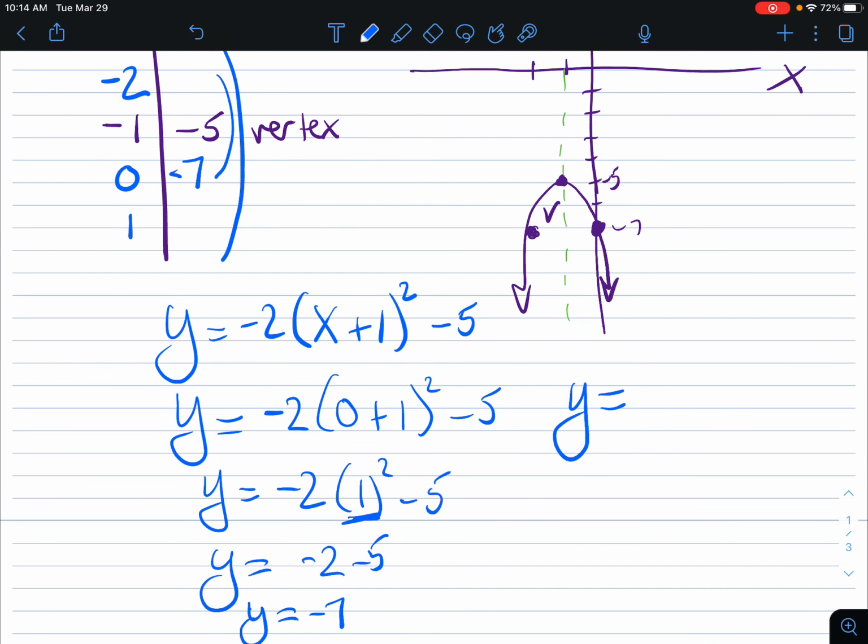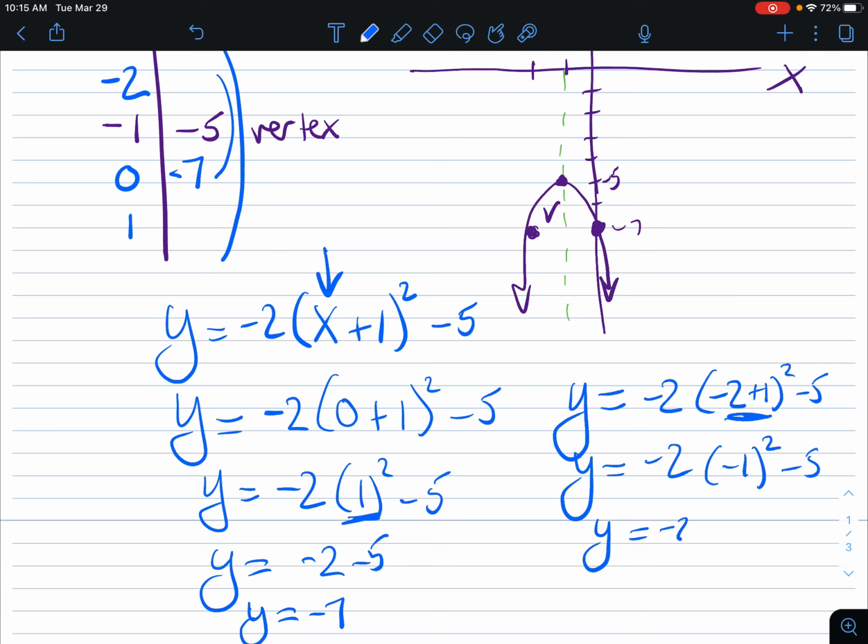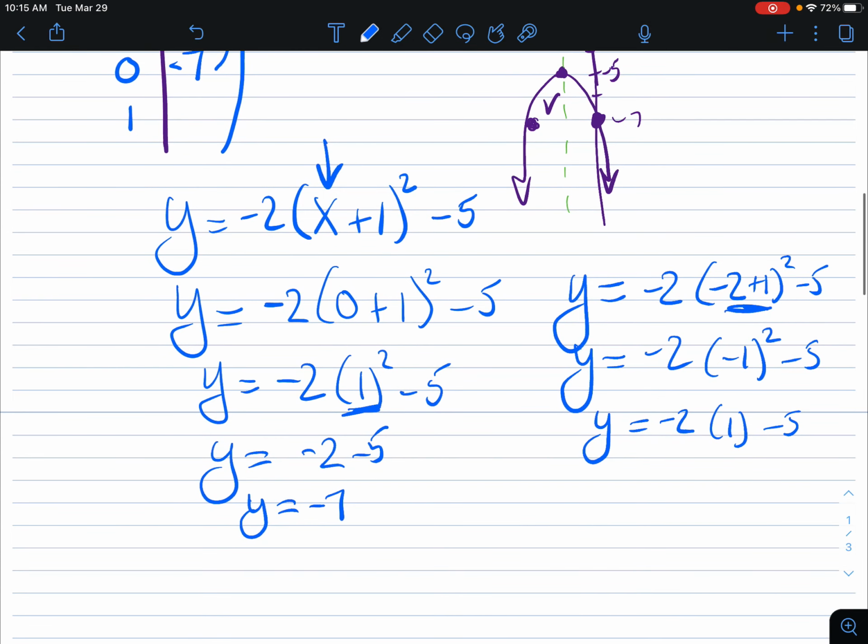So I am going to plug in the -2 just to be sure. So again, we're just putting in for x. So this happens to both have a -2, but that's a coincidence. Okay. So -2 plus 1 is -1 squared. -1 times itself is +1. -2 times 1 is -2.